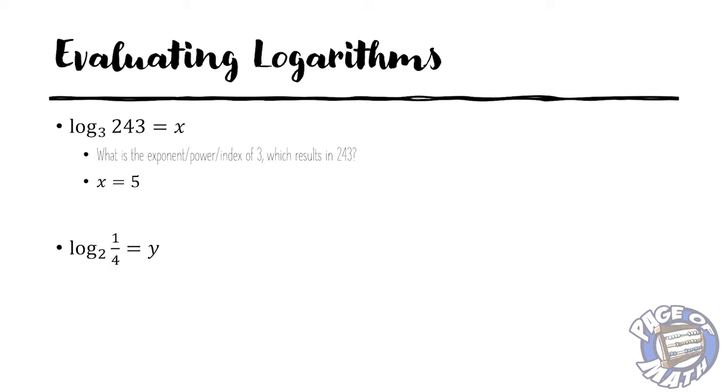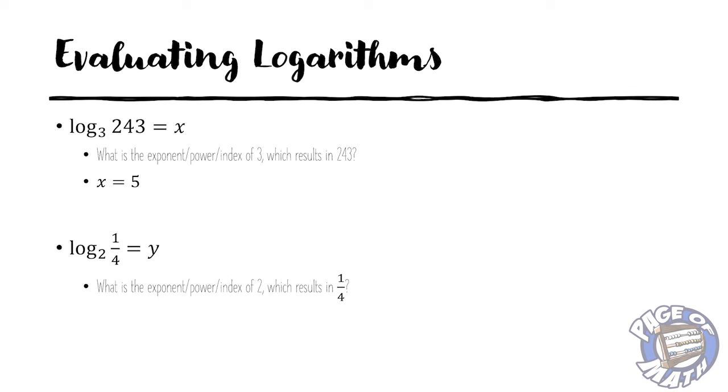Now we have another example. Log base 2 of a quarter is equal to y. So in other words, we are trying to find what is log base 2 of a quarter. Again, we ask, what is the power of 2 that will give a result of a quarter? Now remember, the negative index causes us to get the reciprocal.